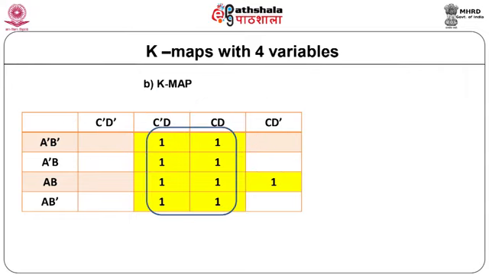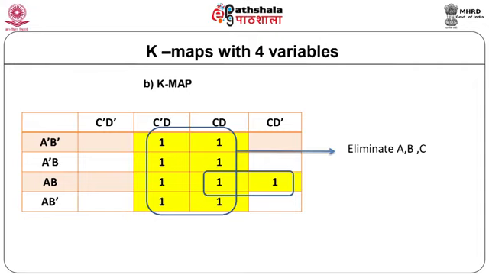From visual inspection we can see that we can form an octet. From an octet we can definitely eliminate 3 variables and these variables are A, B and C. From this we can conclude that we can even form a pair of 2 consecutive ones which are neighbors.